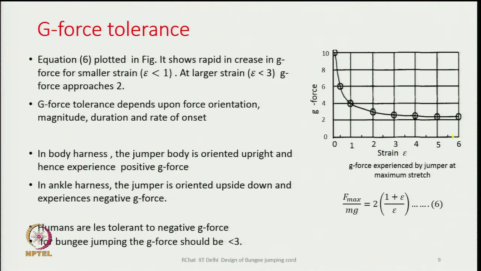When the strain is less, as we go towards 1, see from 2 onwards, if I go this side, the G force is going to increase very high. It is going from 2 to 4, 4 to 6, to 8, to 10 times. That means, if the extensibility of the cord is restricted, then the person is going to experience very high G force, and therefore, he may get injured.